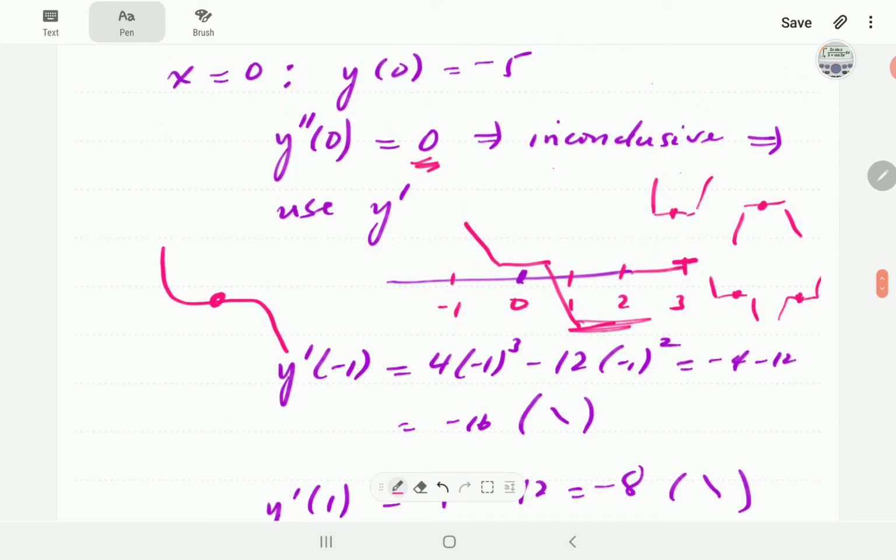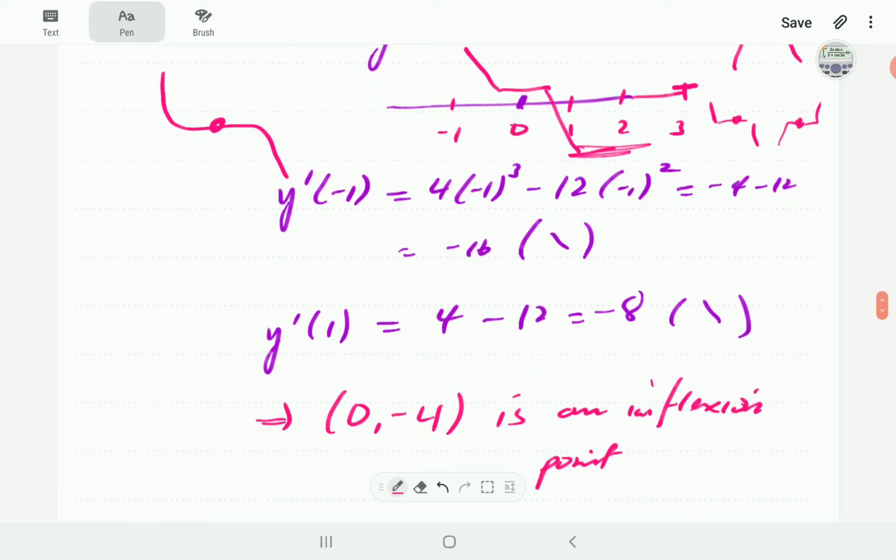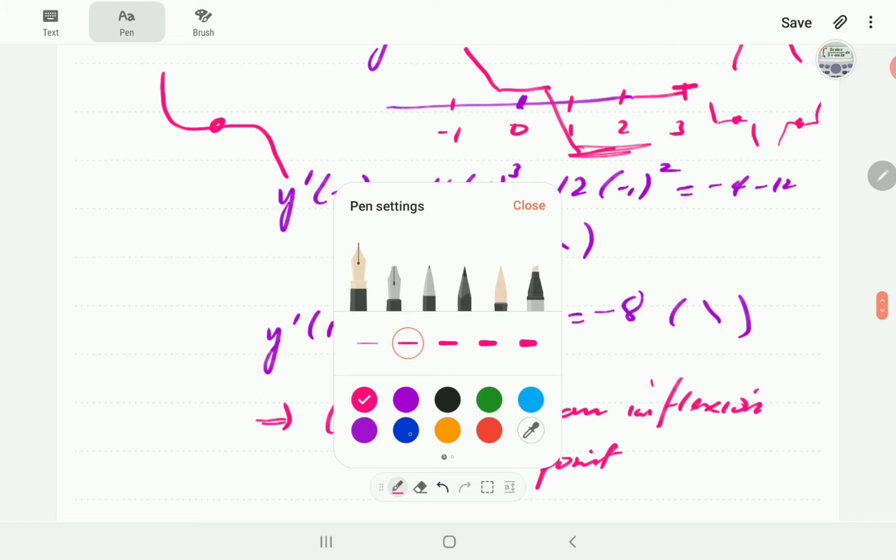Just the fact that the second order derivative is 0 is not enough to suggest that it is an inflection point. It is possible for the second order derivative to be 0, and yet the point at hand is not an inflection point.